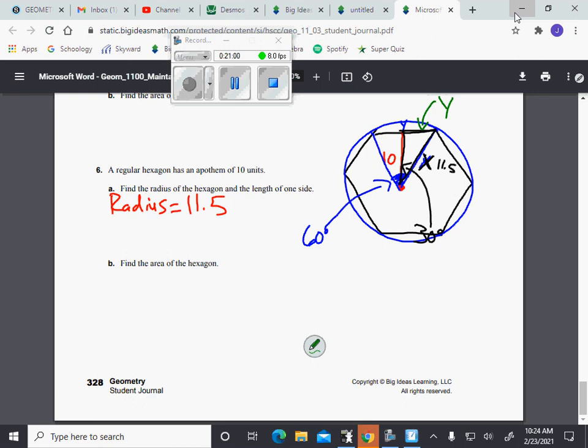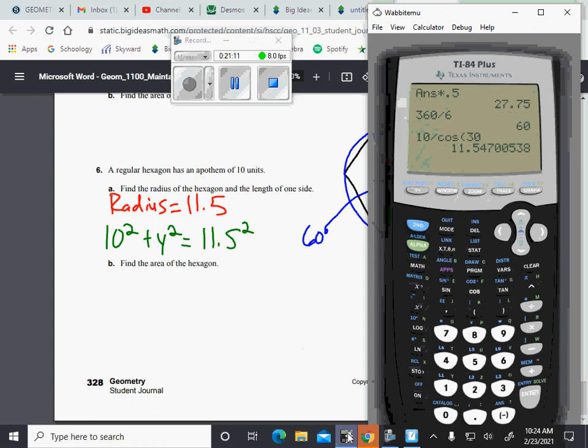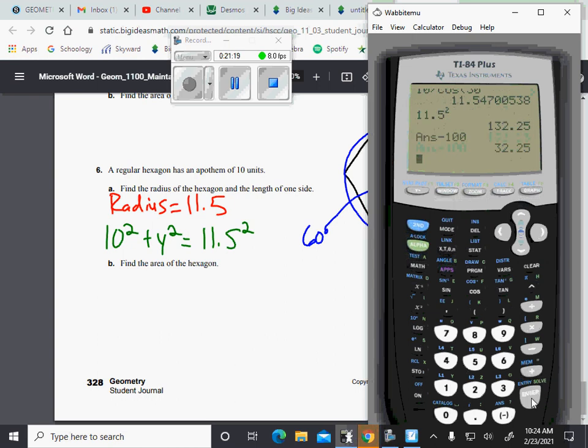Well, we know that 10 squared plus y squared is going to equal 11.5 squared. So I'm going to take 11.5 and square it. I'm going to subtract 10 squared, which is 100. And I'm going to take the square root of 32.25.